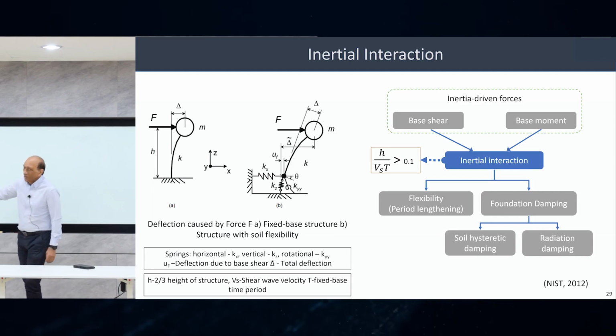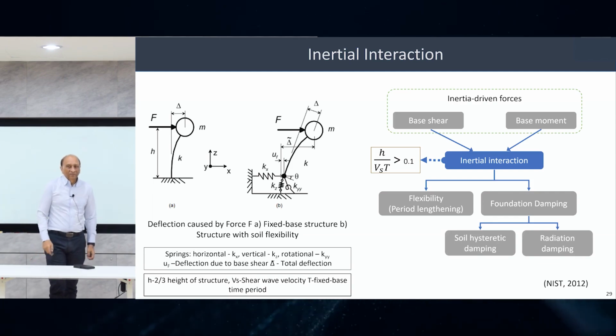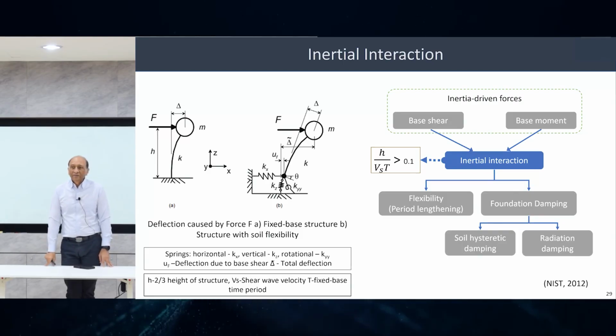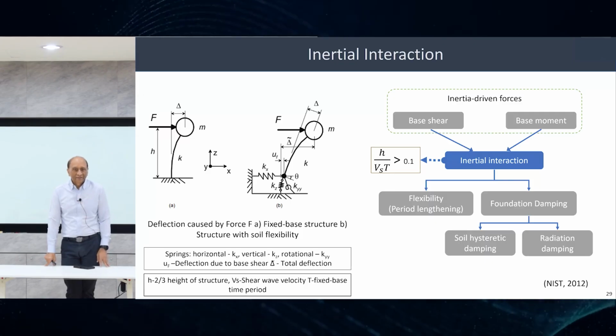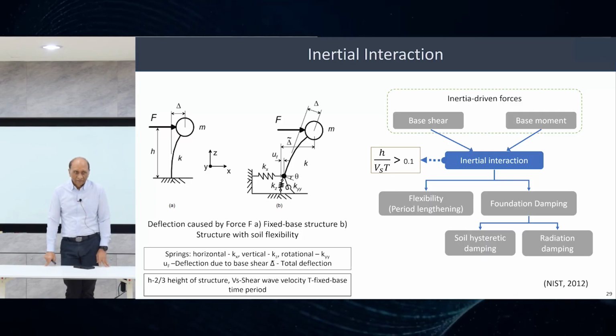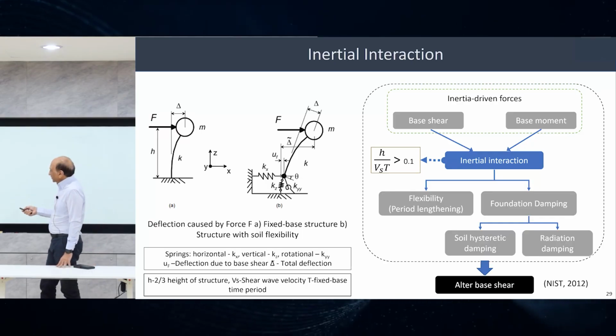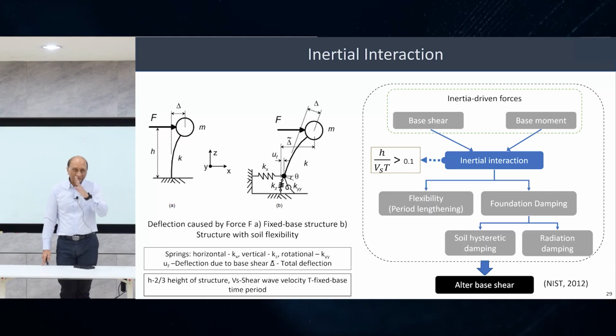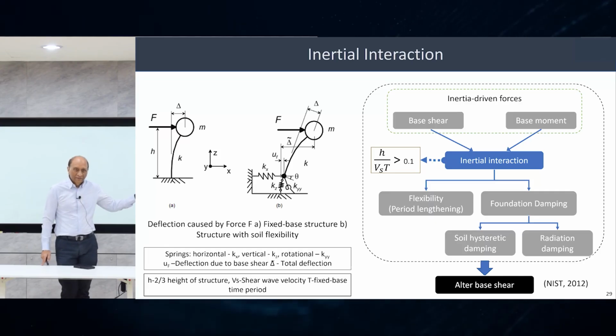So this all can be captured within the structural framework that we have by adjusting the damping and adjusting the initial period, all coming from the dynamic and the inertial effects. So this is well and okay. So they will alter the base shear, obviously, because if the initial period changes, like I showed you, the demand will change and base shear will change.